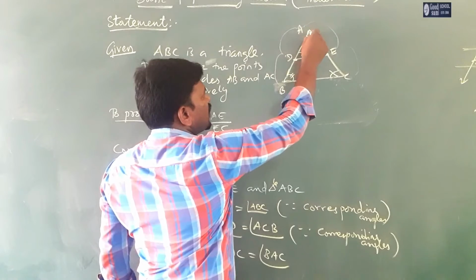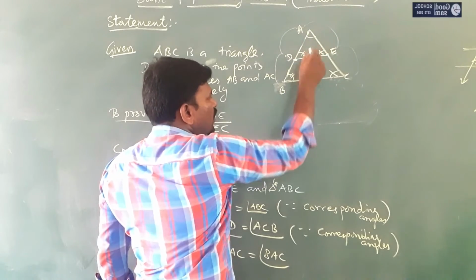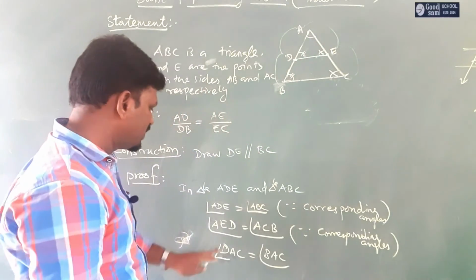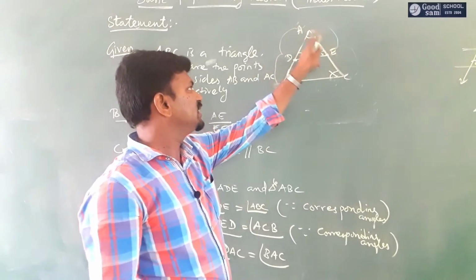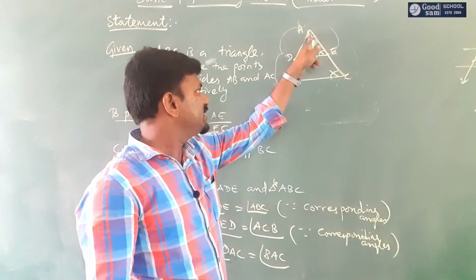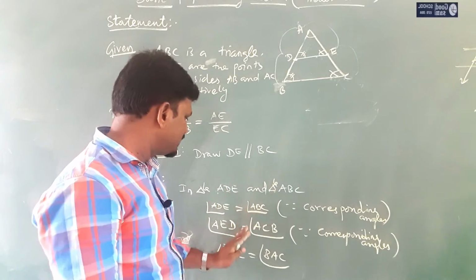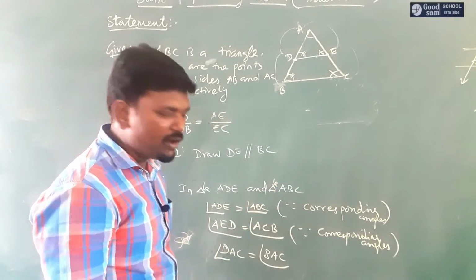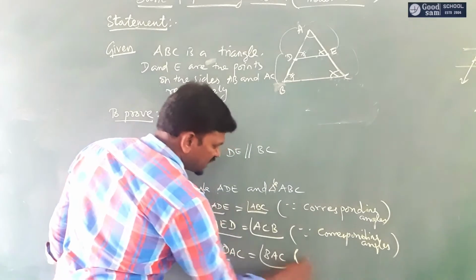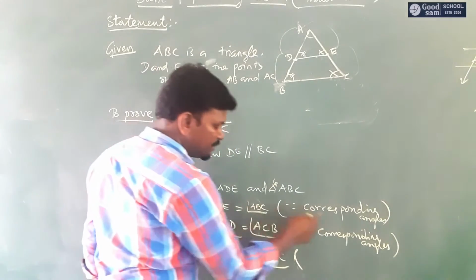Angle A is common for both the smaller and the bigger triangle. So angle DAC, this angle, and BAC, this angle. Sorry, this angle is common, and these two are equal because they are corresponding.